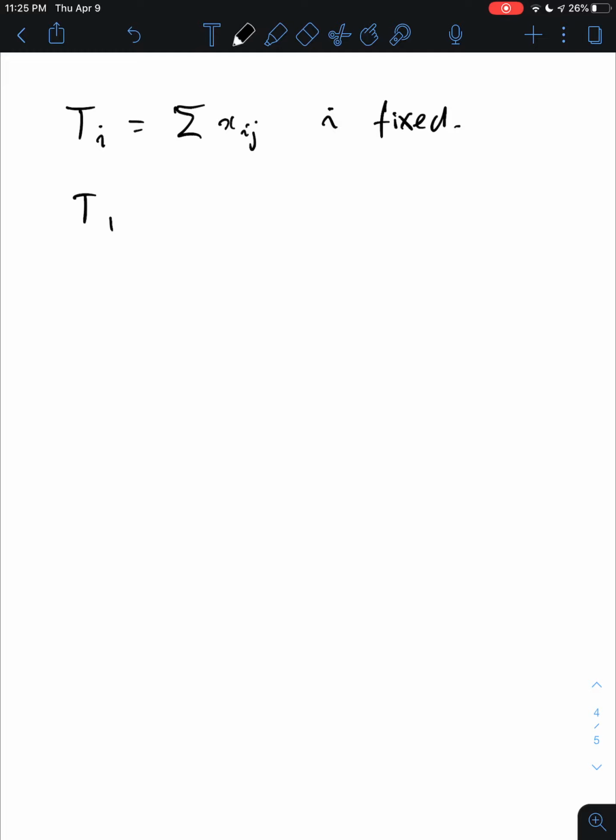So in other words, T1 is the sum of all of the responses in treatment 1, and T2 is the sum of all the responses in treatment 2, and so on. Okay, so that is the meaning of that notation, and with that we have another way of calculating SST.